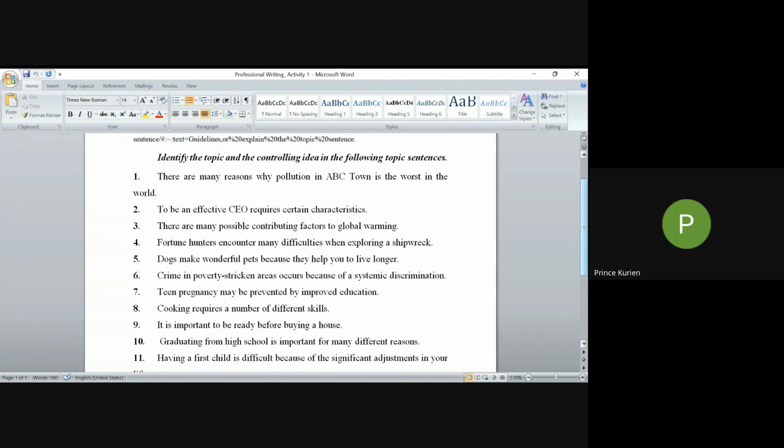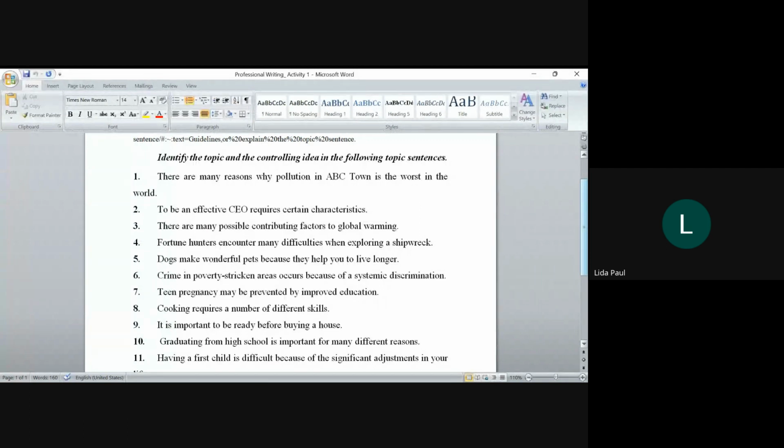Many reasons, right? There are many reasons. That part is what you're going to read in the supporting sentences, to develop the paragraph. So that part becomes your controlling idea. Or if you want to shorten it, say many reasons is what is going to control the idea. And the topic is, of course, pollution in ABC town is the worst in the world, right?